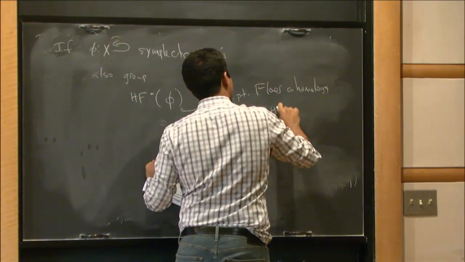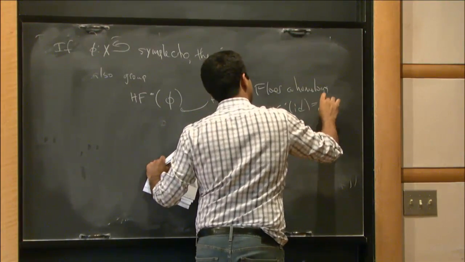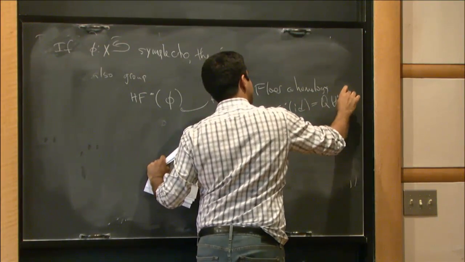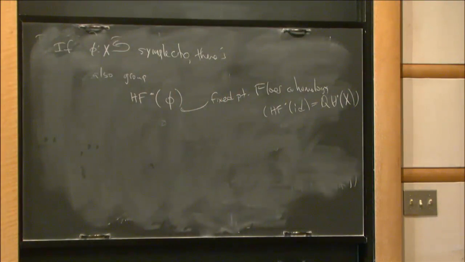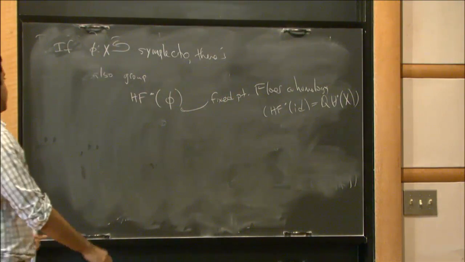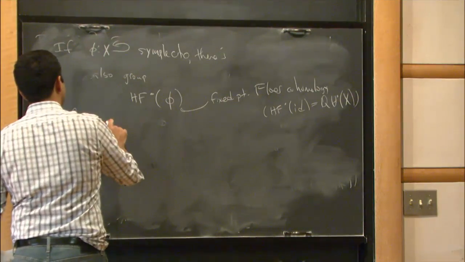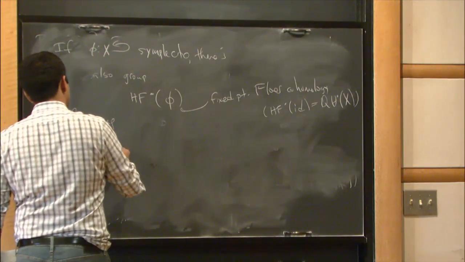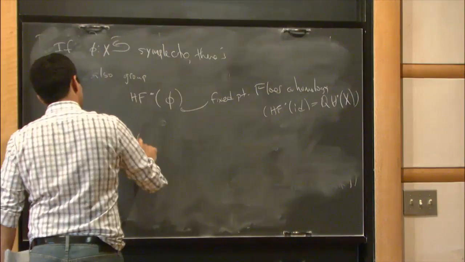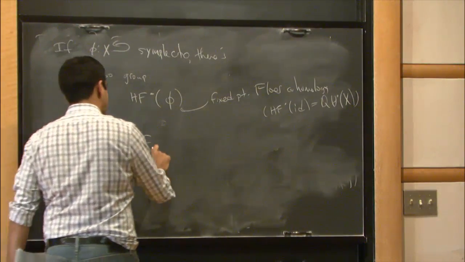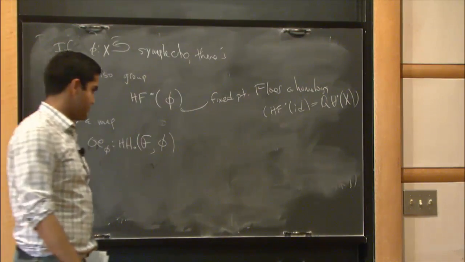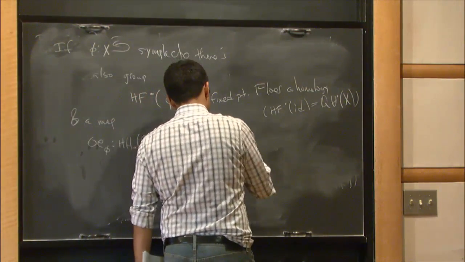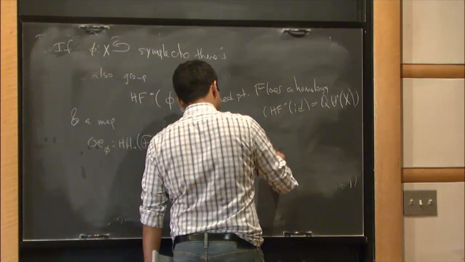So HF of identity is what I was calling quantum cohomology. And HF of phi is some generalization, some chain complex built out of fixed points of this symplectomorphism, and a map OC twisted by phi from the Hochschild homology of the Fukaya category with coefficients in the bimodule phi to the fixed point Floer cohomology.